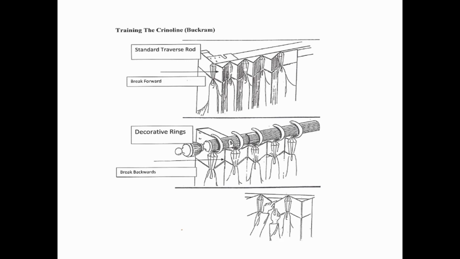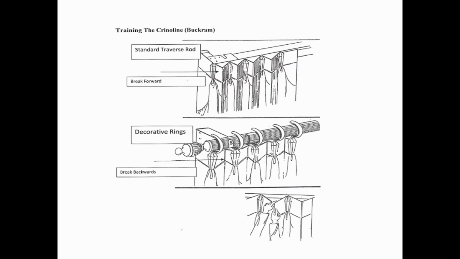When you're using a decorator rod, you might notice that the buckram, or the space in between the pleats, is actually folding backwards, because the top of the drapery can actually go backwards since it's hanging underneath the rod, where it couldn't do that on a white rod. It has to break forward. But in both cases, the installer, as shown in the little picture at the bottom, has to get up there, fold it, and either break it forward or break it backwards.